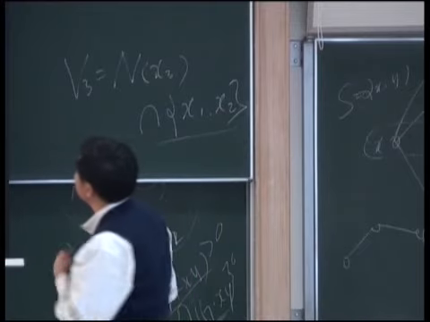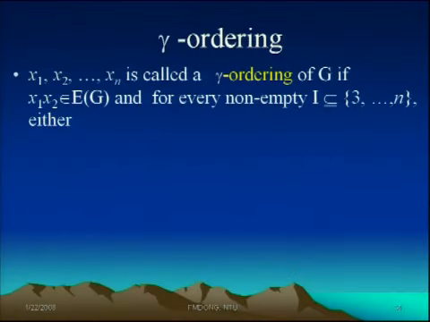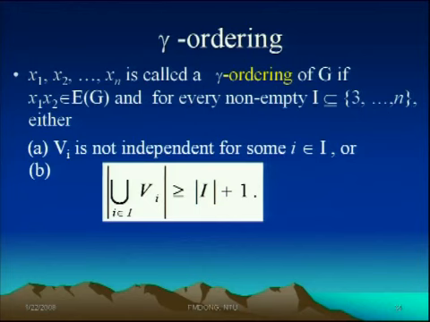Okay, and now I define a special type of order called gamma order. If the order satisfies this condition: the first two vertices S1, S2 must be adjacent, and for every non-empty I, either some Vi for some i in I is not an independent set, or the cardinality of the union of these sets is one bigger than the size of I, where I is a selection of integers in the set 3 to n.